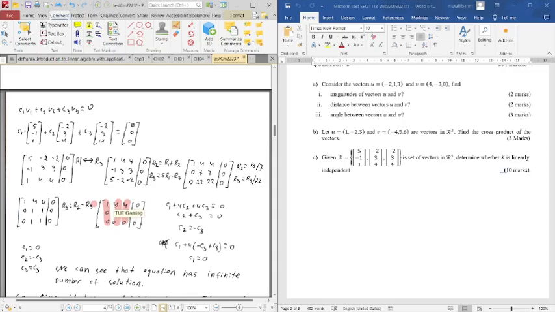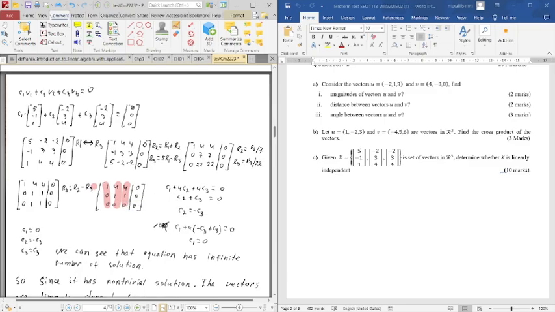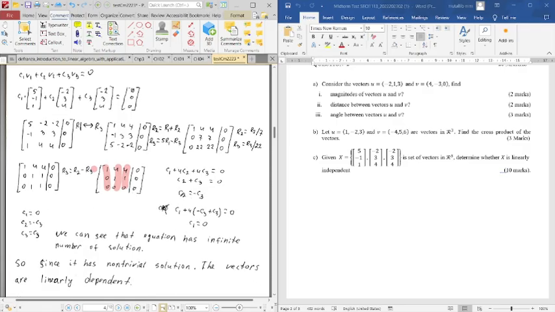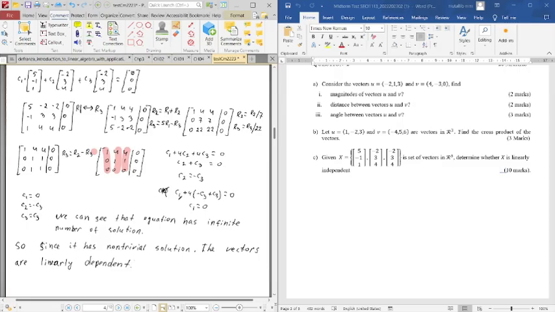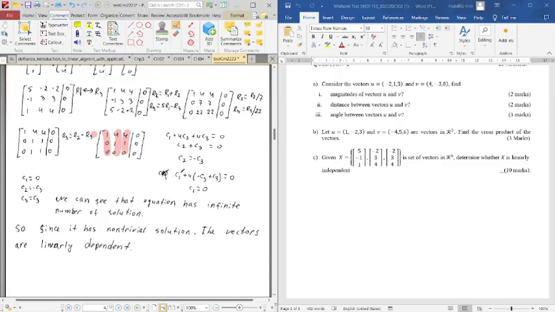C1 plus 4C2 plus 4C3 equals 0, and for the second row, C1 is 0, so C2 plus C3 equals 0, and for the third row we don't have anything, it's just 0. So here you can see C2 is equal to negative C3. And when we calculate for C1, C1 is equal to 0.